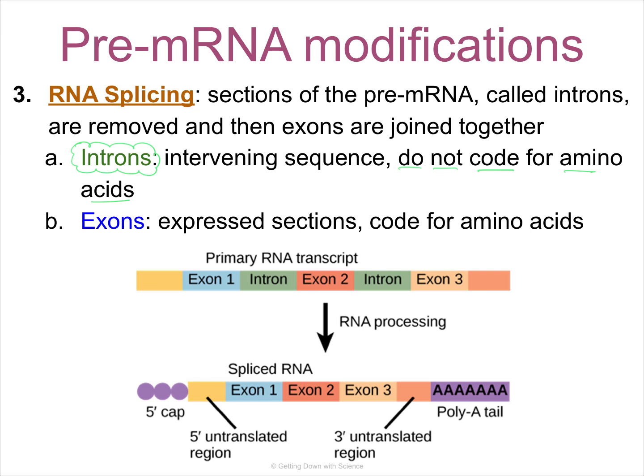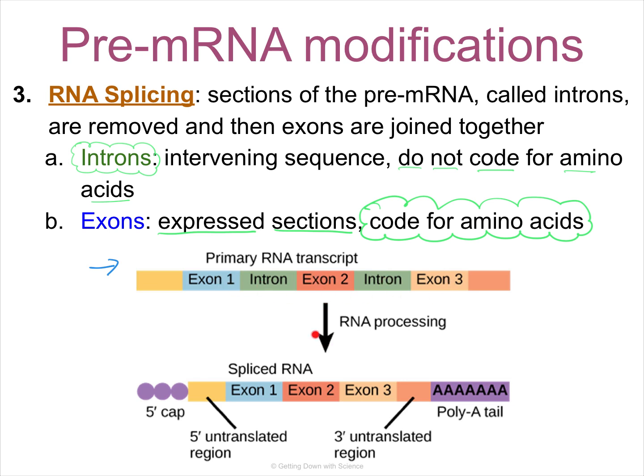If you're wondering why they're there, they're there to help give the mRNA some options when it comes to what protein it codes for. So we have introns, and then we have exons. Exons are the expressed sections. What that means is they code for amino acids. If you look at this picture down here, this first one right here, we have exon, intron, back and forth, okay?